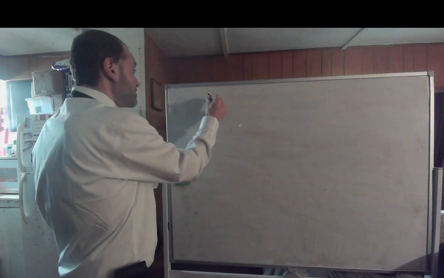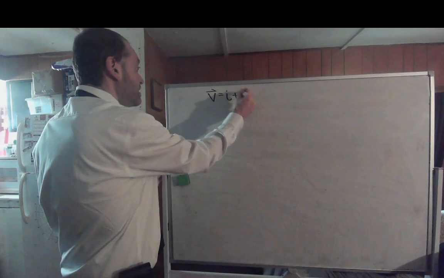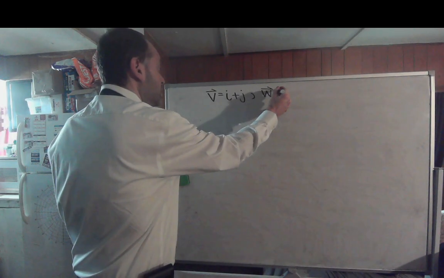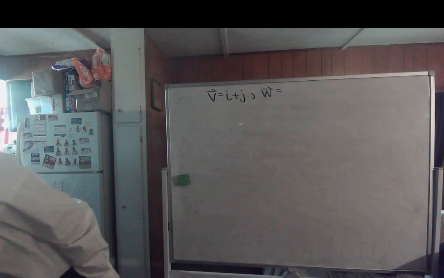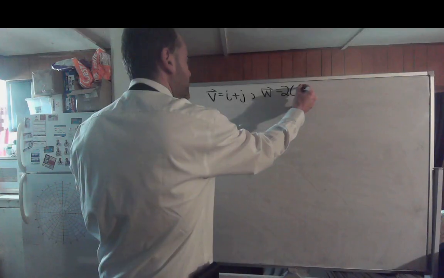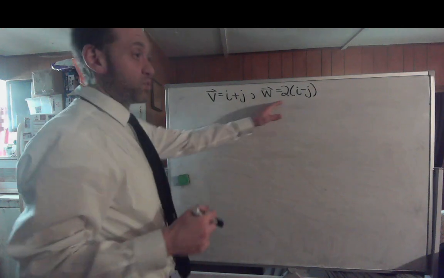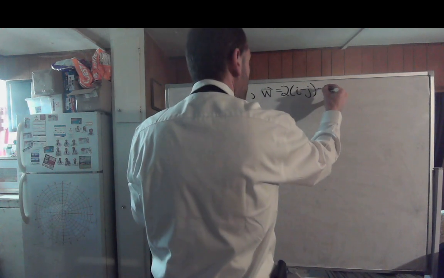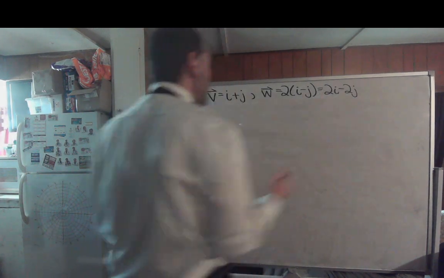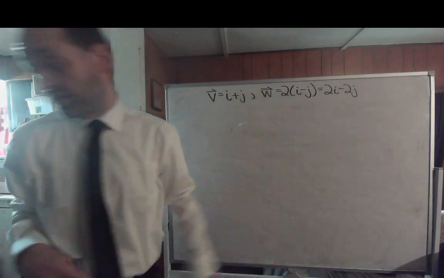We have a vector v equals i plus j. Then we have a vector w is equal to 2 times the quantity of i minus j, which I think it's safe to say we just want to distribute that 2 through. That would end up being 2i minus 2j. All right, we want to find the angle between these vectors.